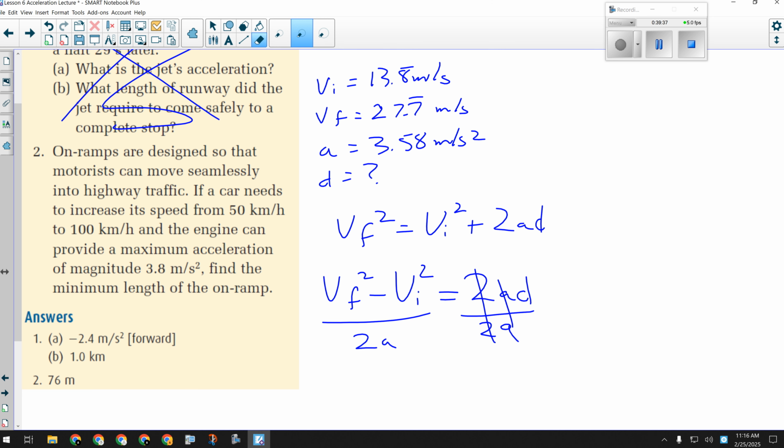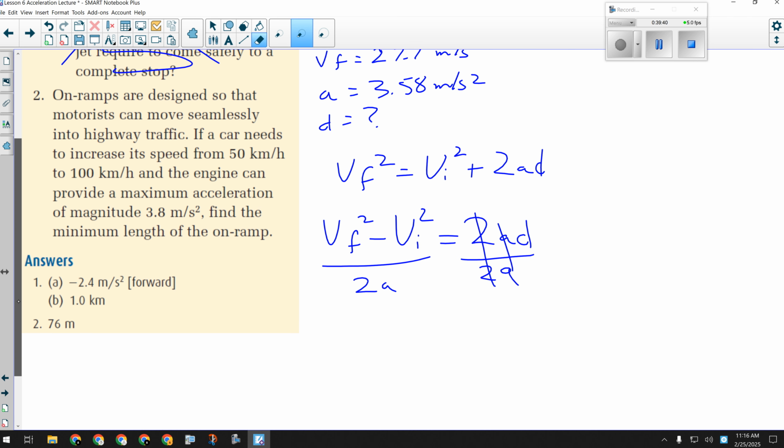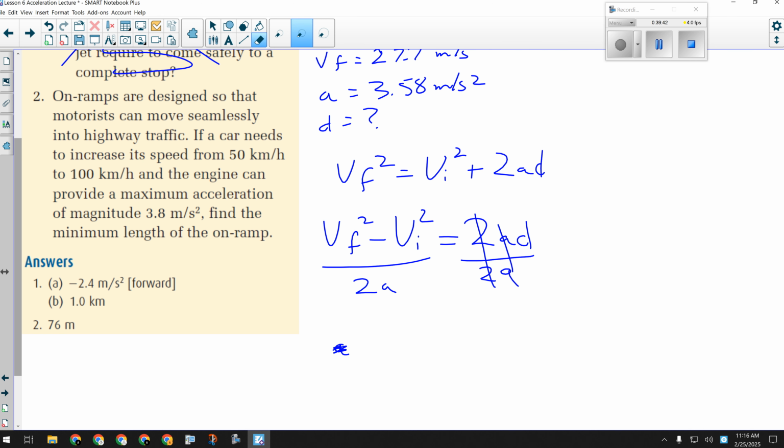So now that we've got that set up, now we can just plug in our numbers. So D will equal 27.7 squared minus 13.8 squared divided by 2 times 3.58.